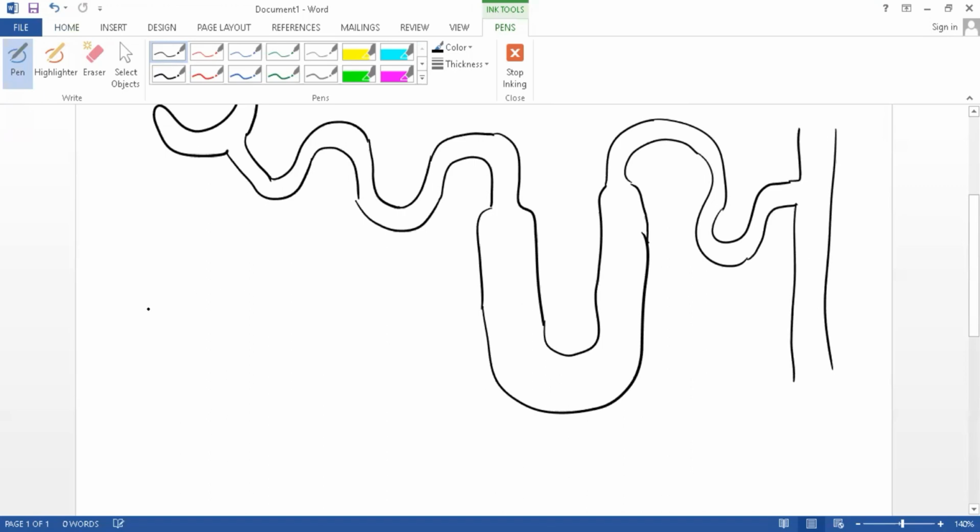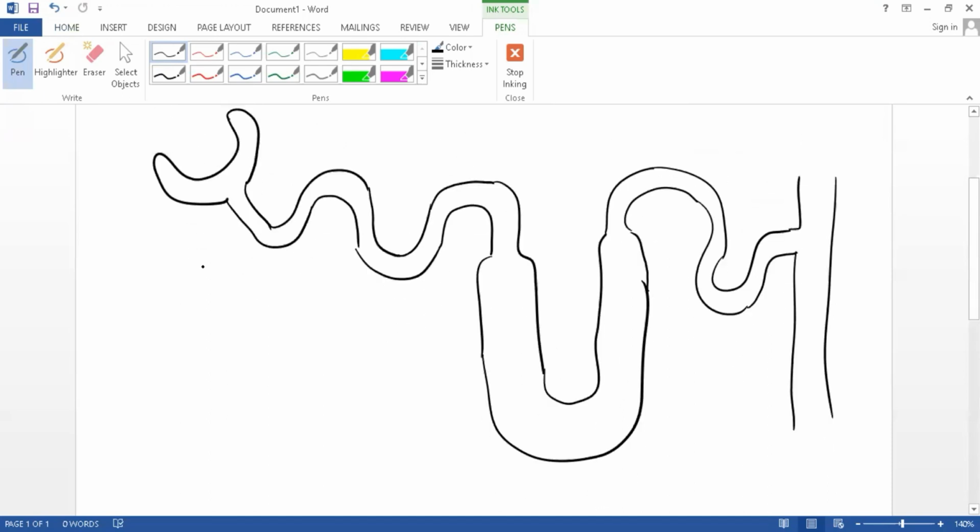And the collecting duct. So these are all the parts of a nephron. This is the whole nephron.